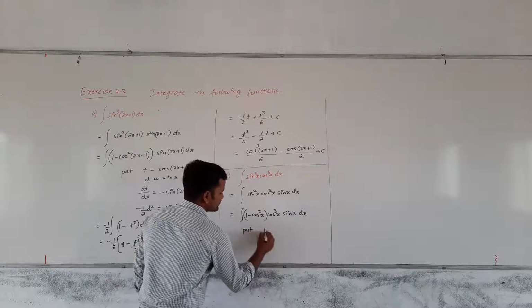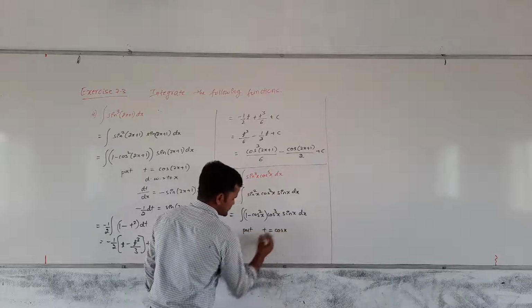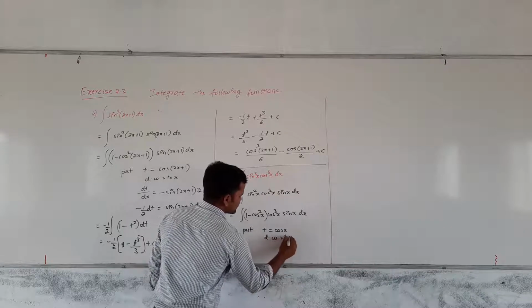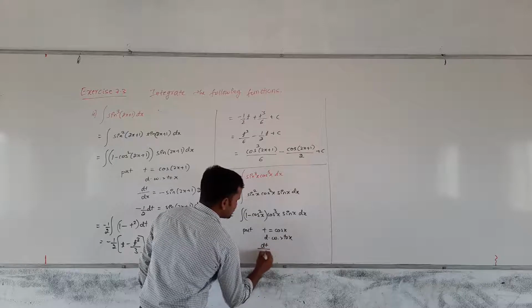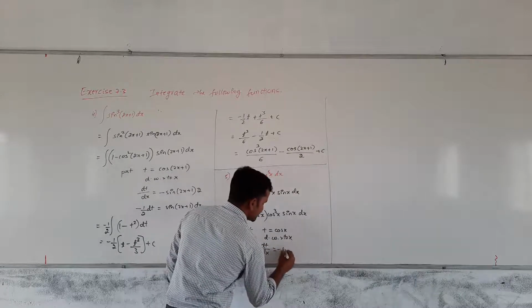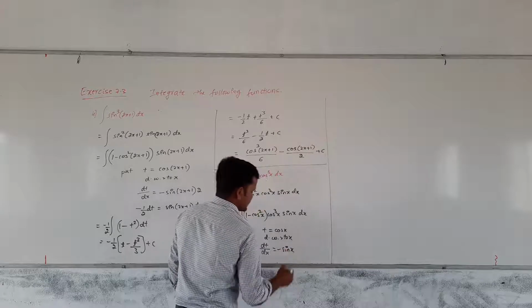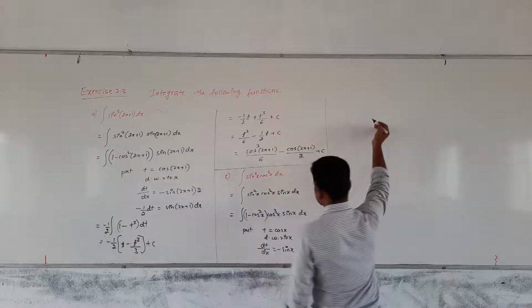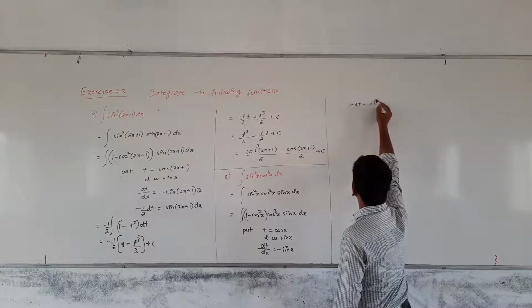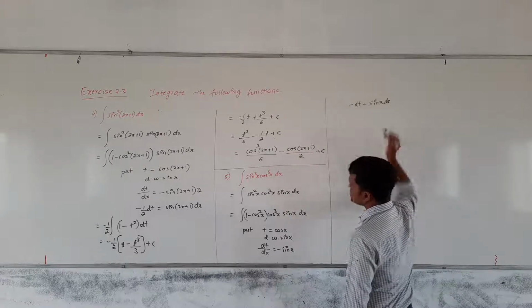You will substitute t is equal to cos x. Differentiating the function with respect to x, we have dt by dx is equal to differentiation of cos, which is minus sin x. This can be written as minus dt is equal to sin x into dx.